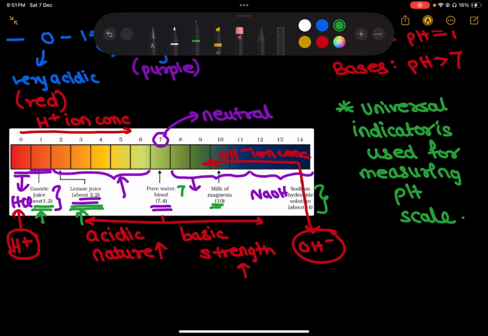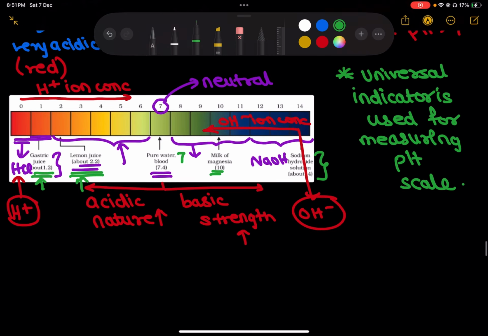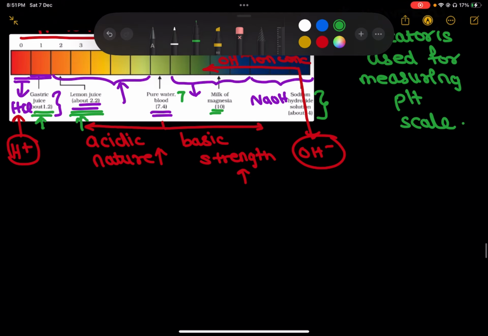Okay, let's see some more here, right? So the first one, HCl, is not exact, it will be between 0 and 1. So you can write 0.5 for HCl. Okay, so I'll write it here: HCl has approximately 0.5 or 1.